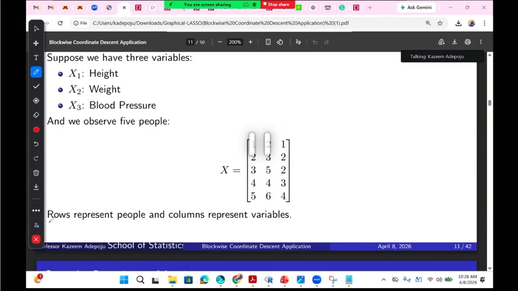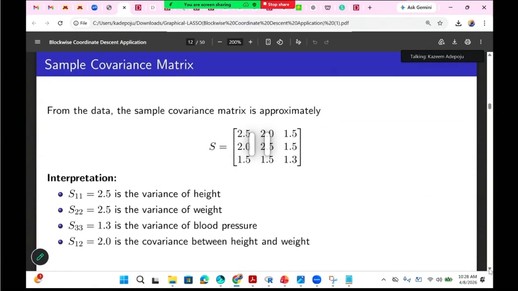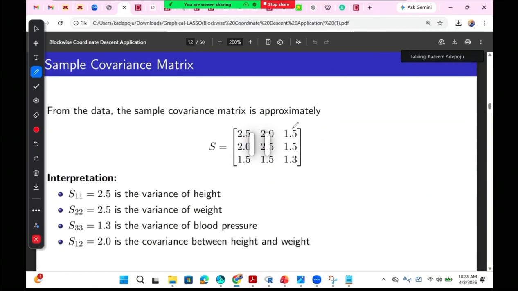Now from the data matrix X, because I have 3 variables, I can get a covariance. The covariance will be 3 by 3. Please pay attention. Can you see my covariance now? Of course, you know how you can get a covariance. We've done that before. In the diagonal of the covariance matrix, these will be the variances, right?